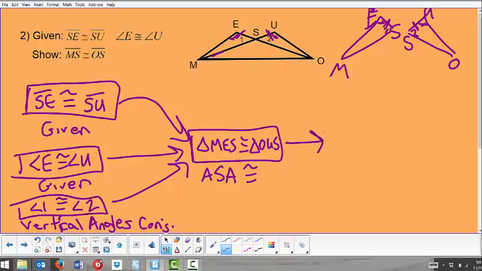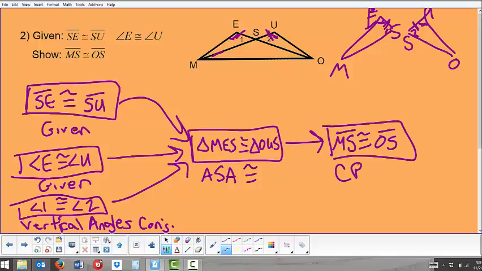And by that, we can show that MS is congruent to OS by corresponding parts of congruent triangles. So there's your proof. So that's all you have to do with flowchart thinking, is to draw that outline, and then you're done.